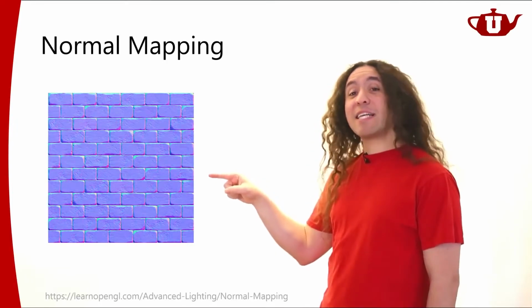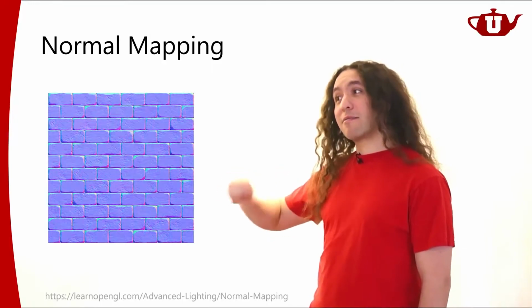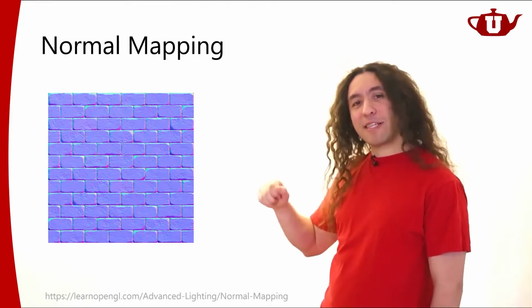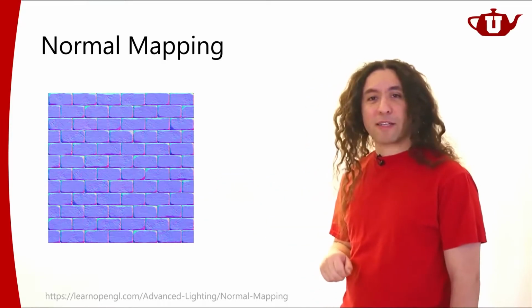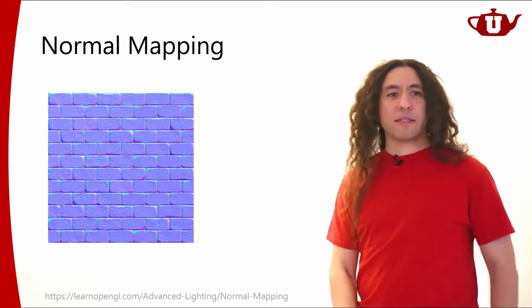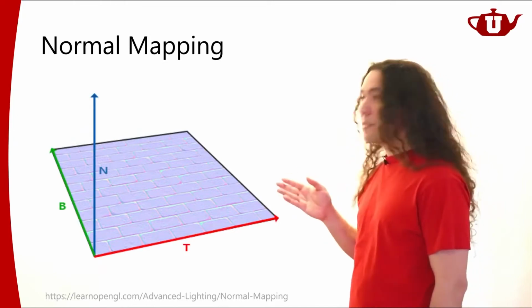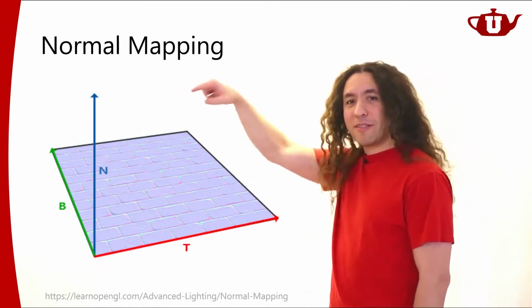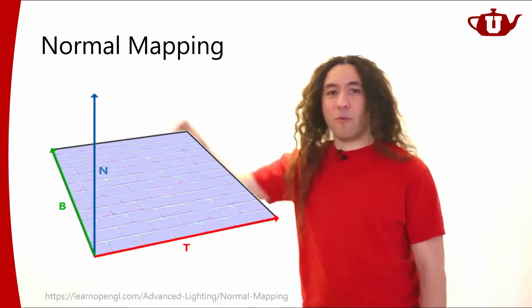If you have less than 0.5 red, that means you perturb in the negative x direction, right? So here's what I mean. I can just put it on here. You can see how this normal map fits in the normal, tangent, and bitangent directions, x and y.